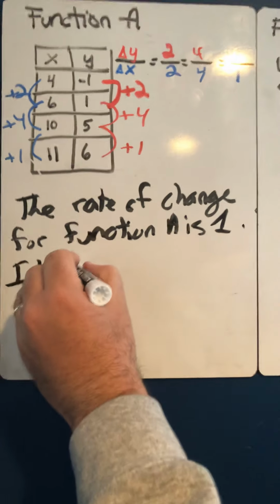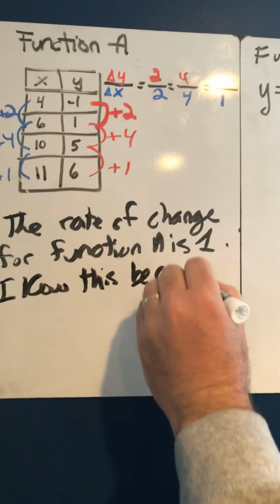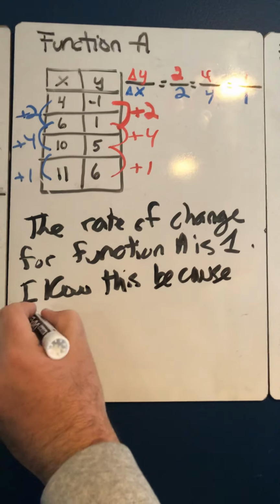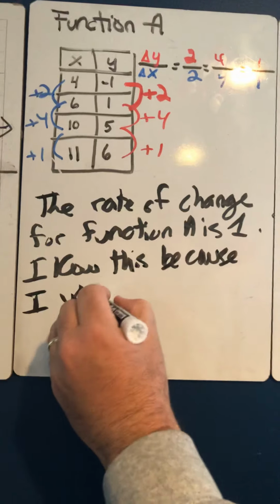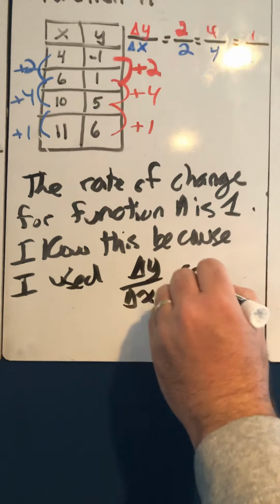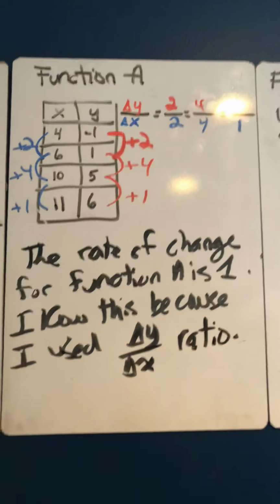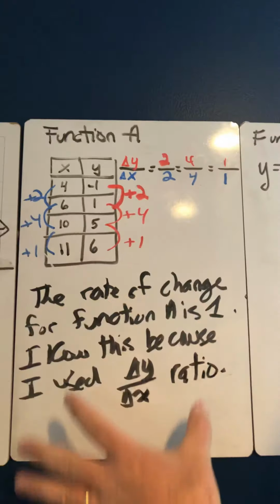I know this because I use the change in y over change in x ratio. Okay, so something like that where you show your work and a couple sentences explaining it.